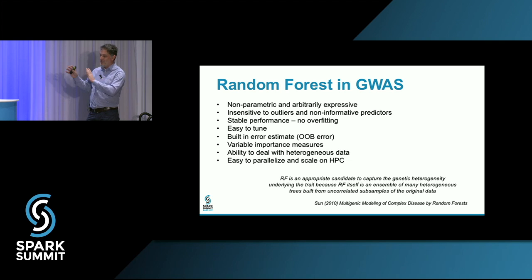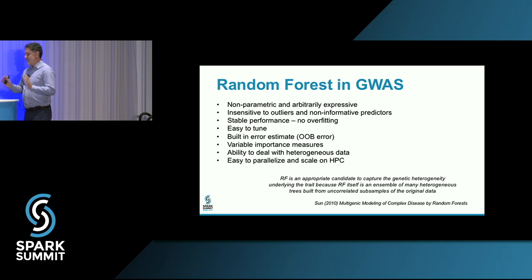So we need to be able to not be distracted by them. And finally, it comes with a measure of variable importance, which can be used to identify variables which are contributing the most to the response. So these are the ones that we really want to identify. So, random forest.